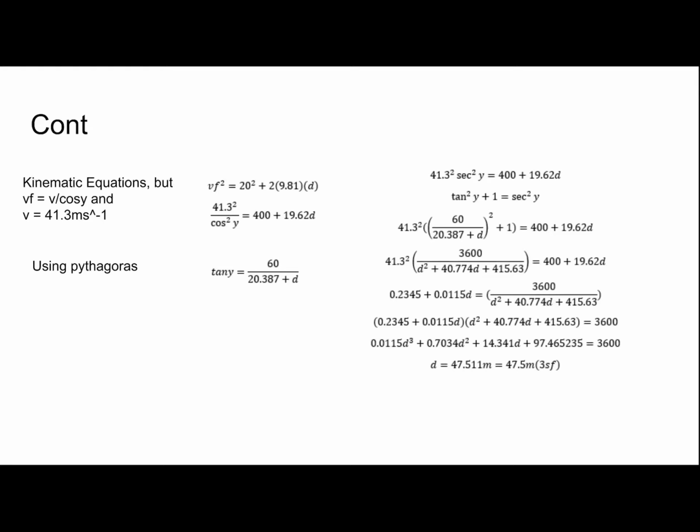So cubic, so your degree will be 3. Our highest degree is 3d cubed. So now we substitute our values, and we should find that our d value is 47.5 meters. And that should be our final answer there. So the phone drops another 47.5 meters, and then Matthew hears a frequency 50 hertz lower than the frequency he first heard.